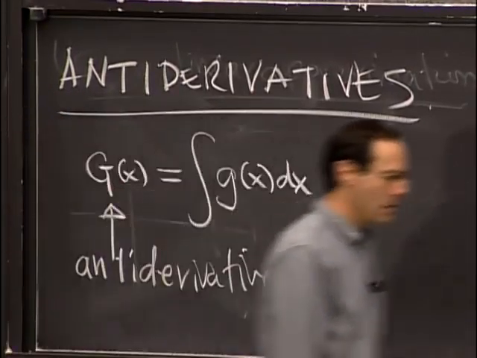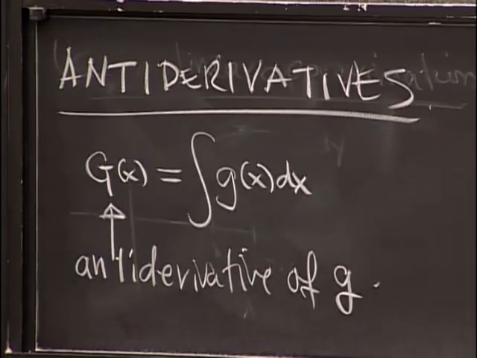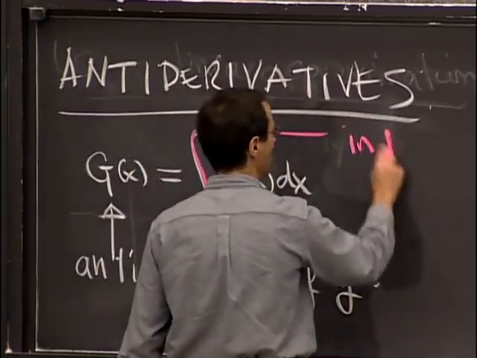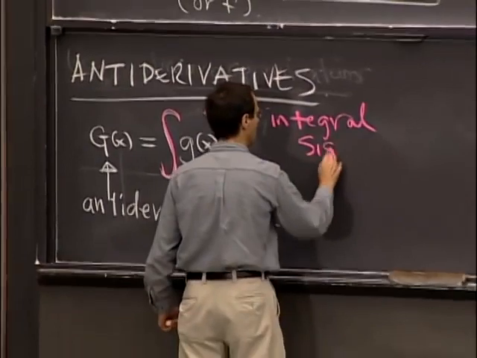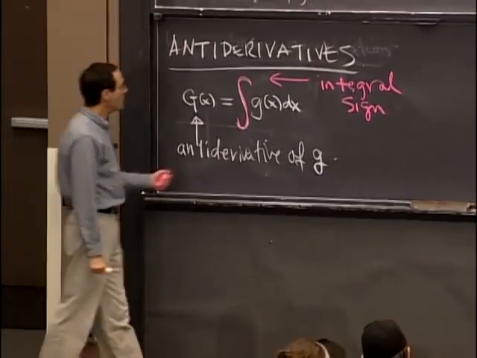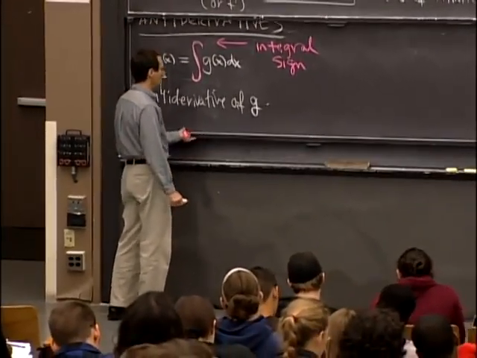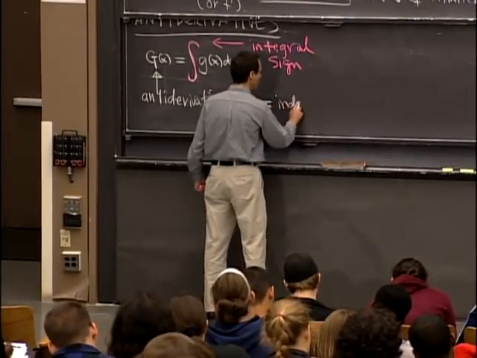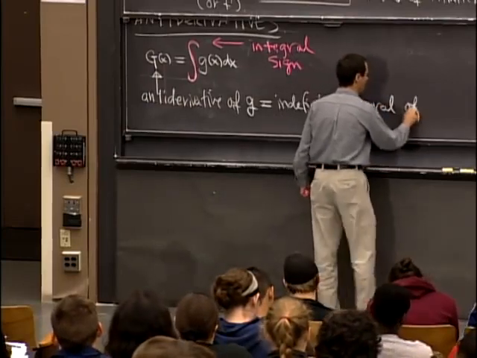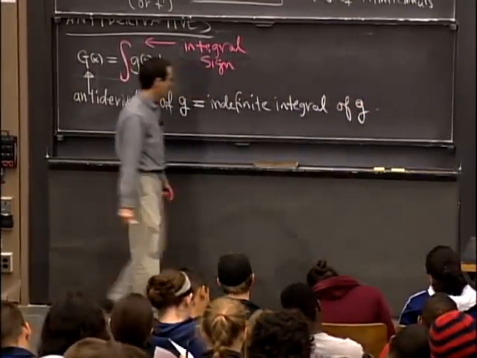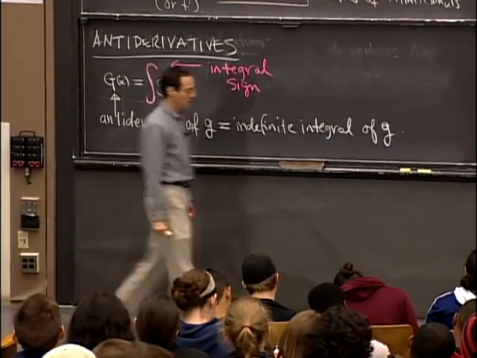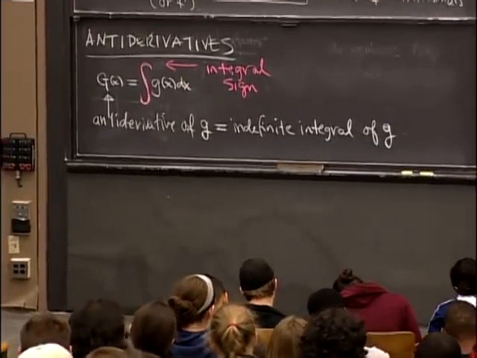This symbol is called an integral sign, or this whole thing is called an integral. And another name for the antiderivative of g is the indefinite integral of g. And I'll explain to you why it's indefinite very shortly.